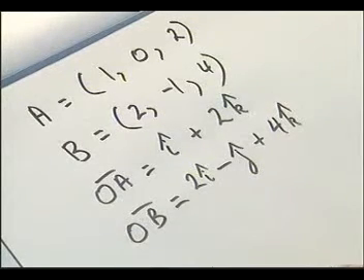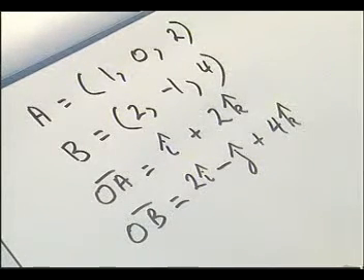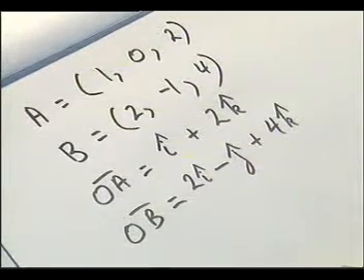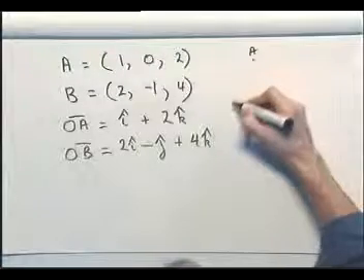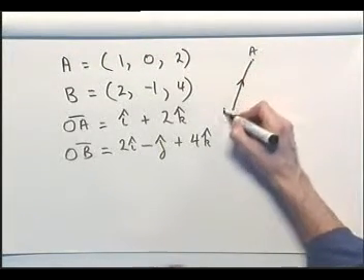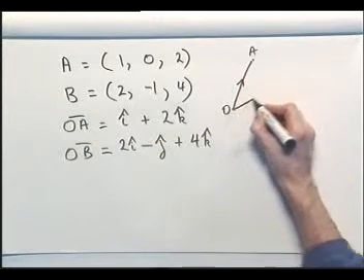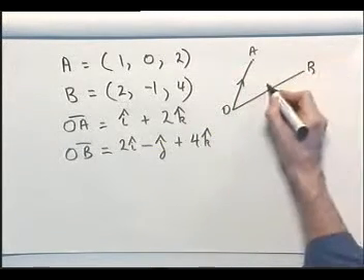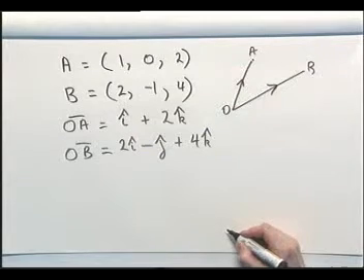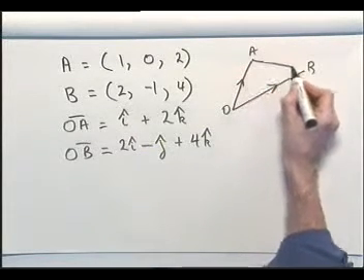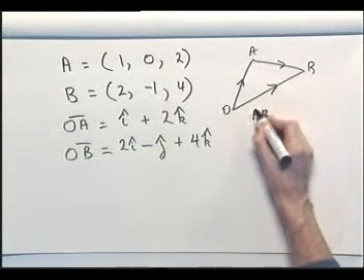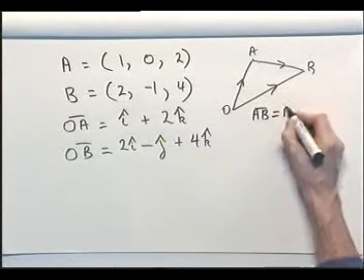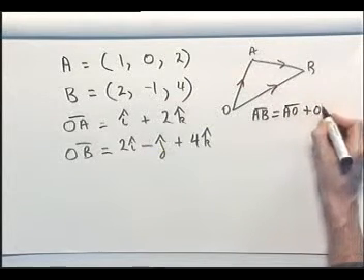We want to know what's the magnitude of the vector AB bar. Let's just draw a quick picture just to remind ourselves of how to get there. There's A and its position vector with respect to O, and there's B with its position vector with respect to O. And if we're wanting AB, that's from there to there, and so we can see that by going from A to B, we can go round AO plus OB.